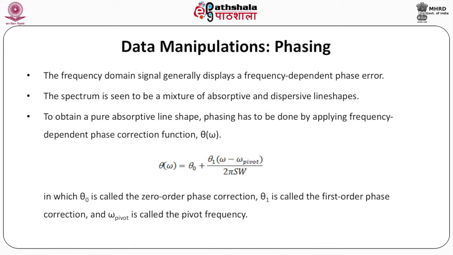To obtain a pure absorptive line shape, phasing has to be done by applying frequency dependent phase correction function θ(ω). θ(ω) is equal to θ0 plus θ1 (ω minus ω_pivot) divided by 2π SW, where SW is the spectral width, in which θ0 is called the 0 order phase correction, θ1 is called the first order phase correction, and ω_pivot is called the pivot frequency.